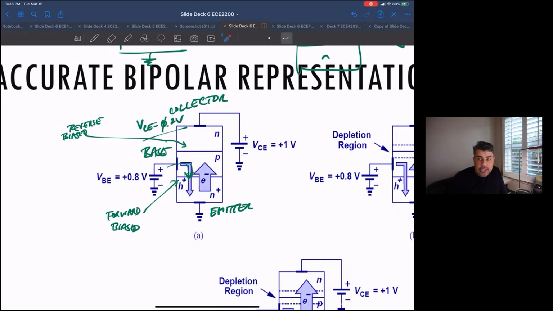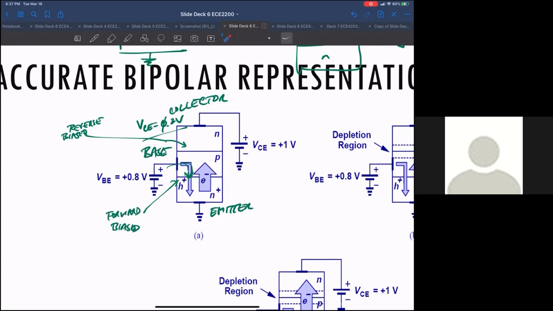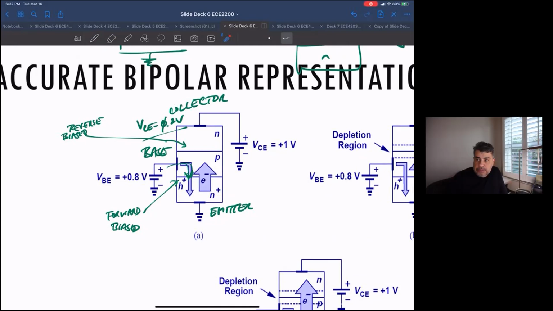As soon as you're forward biased, your diffusion current starts, because there's no built-in electric field here to oppose that current flow. Any questions about that? This is just the stuff that we covered on diodes. I know there's a lot going on here, but stop me if it gets confusing.